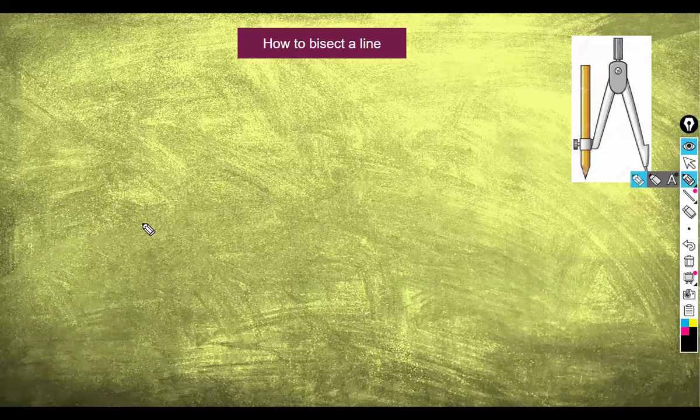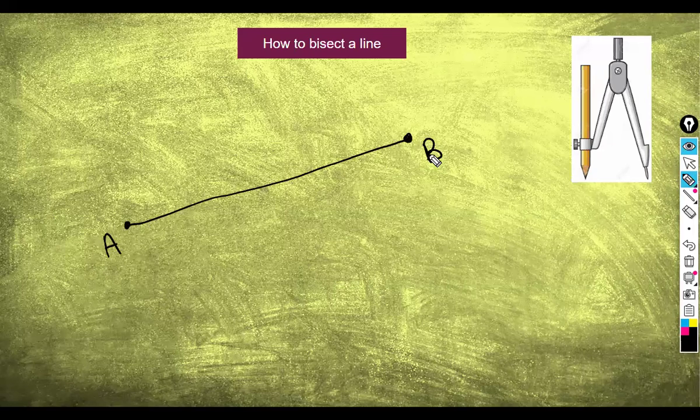To bisect a line means if I give you a line, like the length of a line AB, bisect means to cut it exactly in half. And last week I showed you, and I will review it a little bit, how to use a drawing compass to bisect it or to cut it in half.